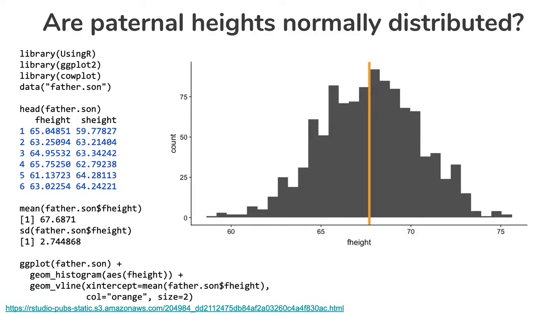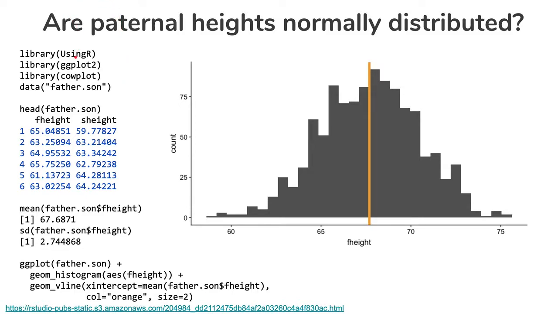What's nice is in R, we can actually get this data directly. Someone's gone through that paper and read that scanned PDF and actually written out all the values that were collected to really high precision, which is super nice because I would never want to do that. So the data come from this library called UsingR.